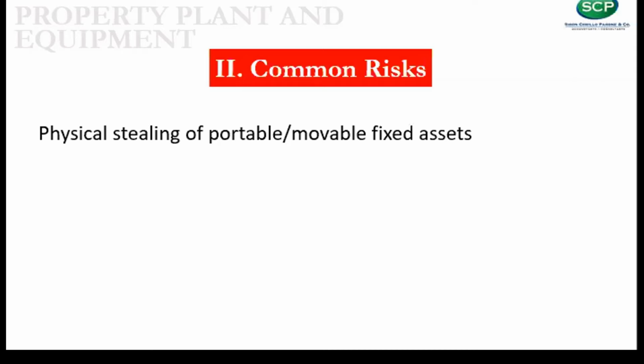I'm sure you've also seen those videos where thieves steal ATMs which are supposed to be not movable at all. In other words, nothing can deter a determined thief. So auditors must still exercise professional skepticism when it comes to the misappropriation of fixed assets.